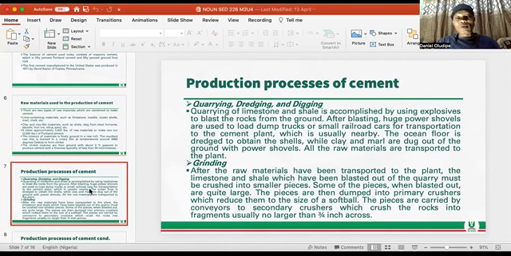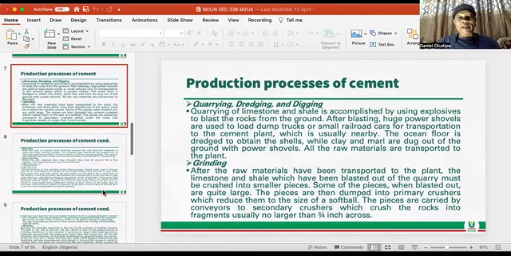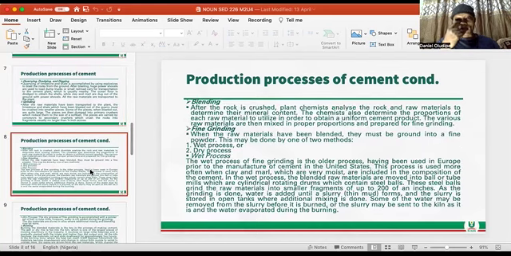From there, we moved on to the production processes of cement. The first step in the production processes of cement is quarrying, dredging, and digging. Then you move on to grinding. From grinding, you move on to blending. From blending, you move on to fine grinding.